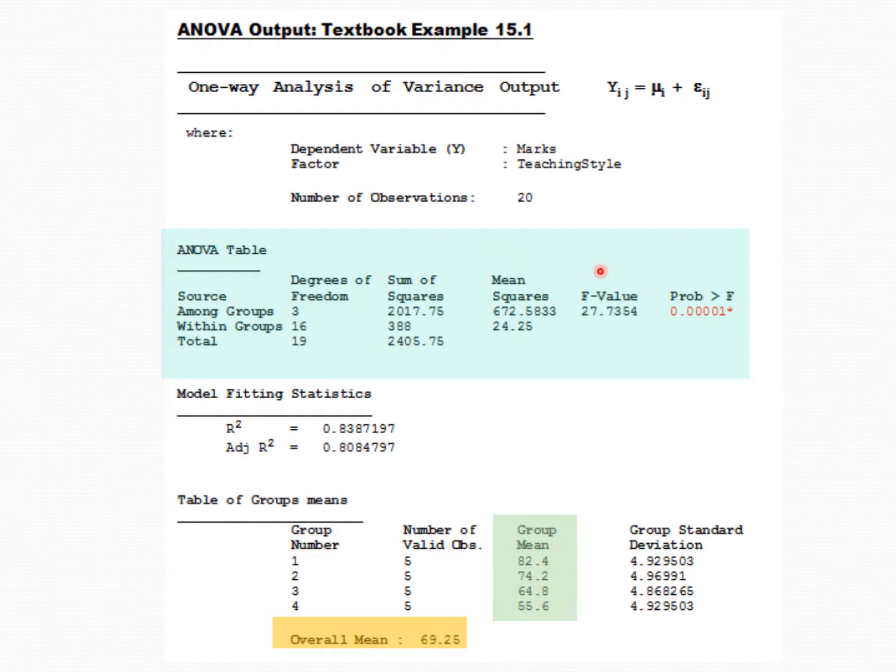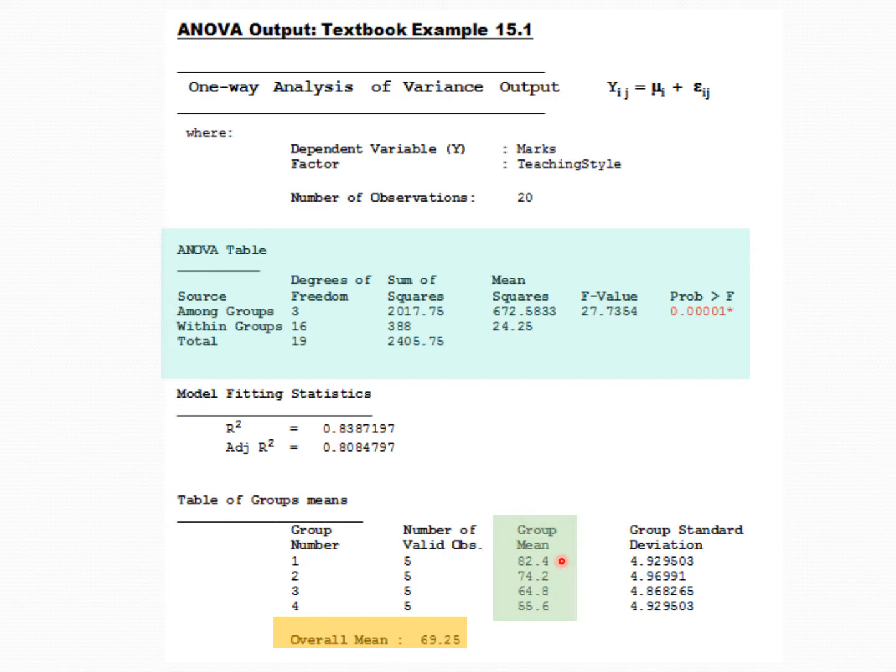Then just take note that the F value is your F statistic that you calculated manually, and the last value is your probability or your p-value that you will use in the hypothesis test in the next section. But you shouldn't be able to calculate that like I told you previously. Then if you look at your table of your group means, this is your individual group means that is highlighted over here.